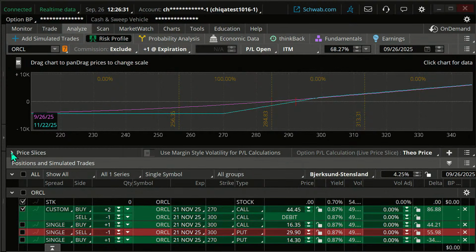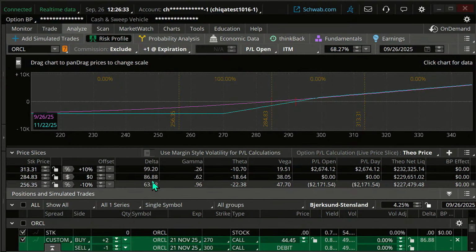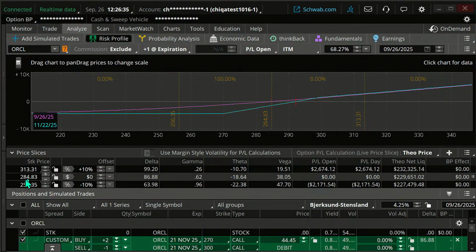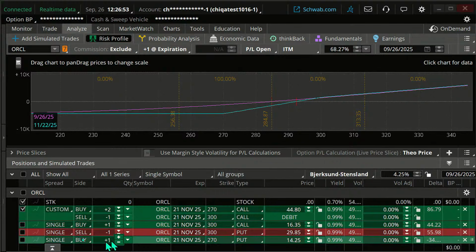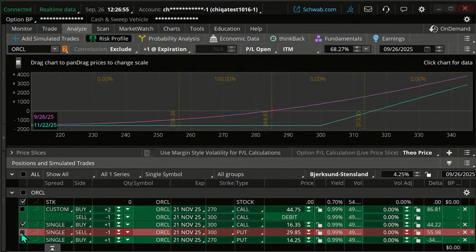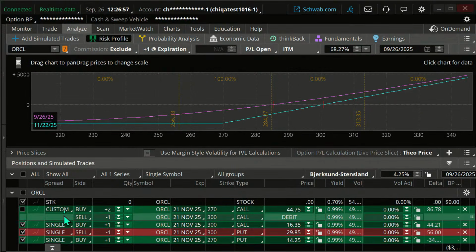So this was the back ratio spread, and for our purposes I'm going to focus on the middle strike here, the current price. Delta 86, I'm just going to jot that down real quick. Delta 86, theta minus 18, vega positive 38. Okay. Let's look at our alternative trade that we may consider.